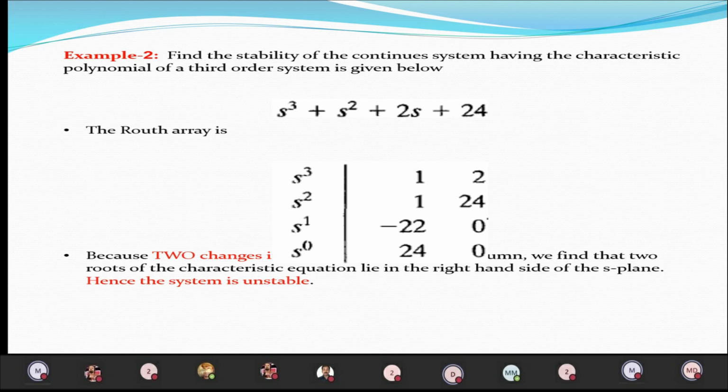Therefore, the range of k for which the system is stable is 0 to 8, because the first column will consist of positive elements only. If k increases beyond 8, there will be a negative element, so the system becomes unstable. This is how you analyze the stability of the system.